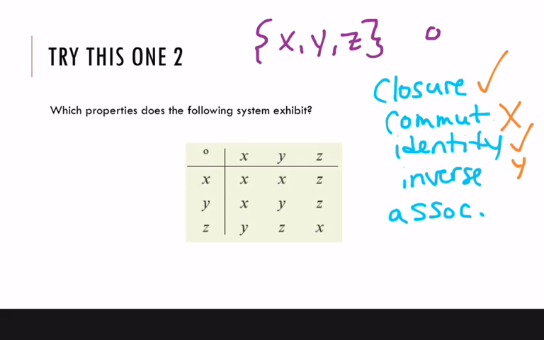All right, inverse property. Do we always have some way to get back to y? Is there always something that I can combine with another element to get y? Okay, so let me find the y's that are answers. And this looks good for z. z circle x is y. All right, and for y, y circle y is y.